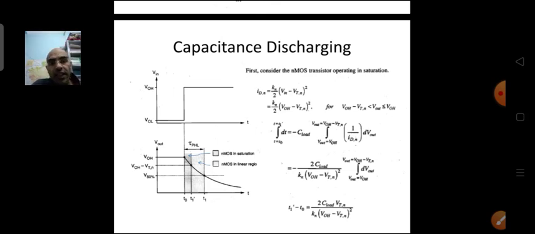You should know differentiation and integration very well, whatever you learned in school, and then you can easily solve the equations. The most important thing is writing the correct equation, and you can write the correct equation only if you have determined the correct region of operation.